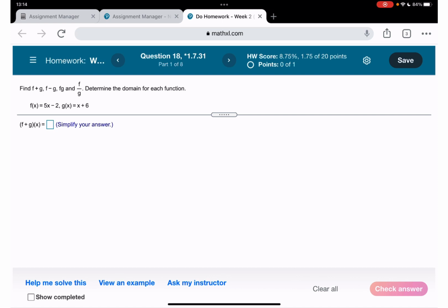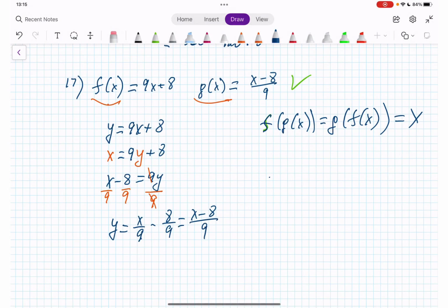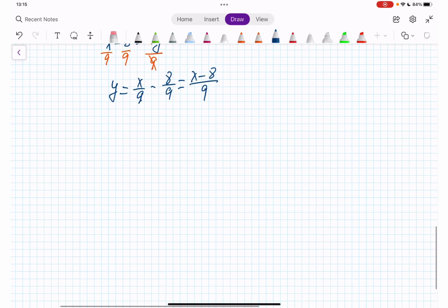Moving to question number 18. Here we have 5x minus 2 and x plus 6, and we need to do addition, subtraction, multiplication, and division.